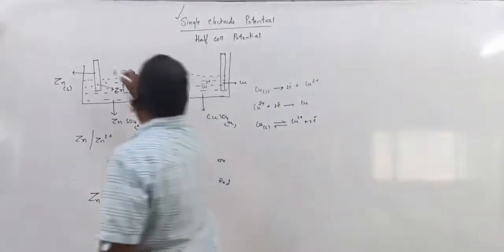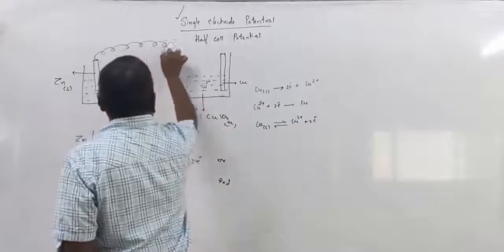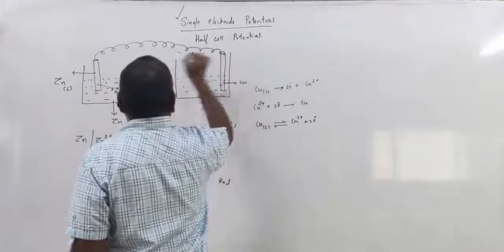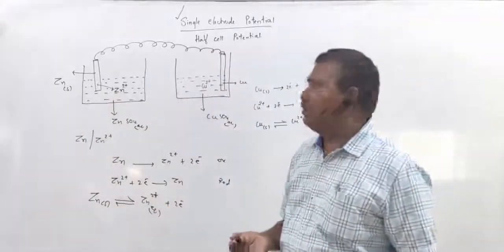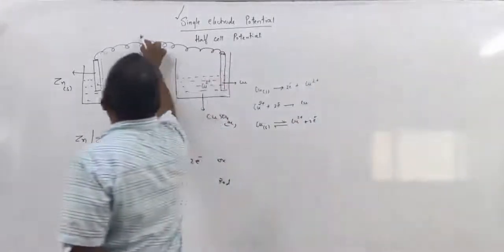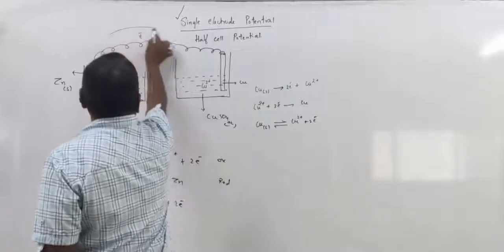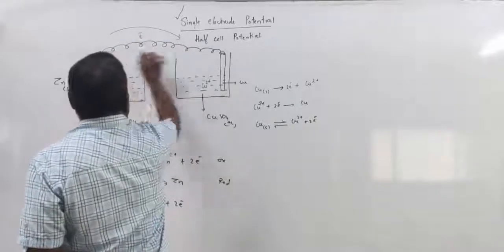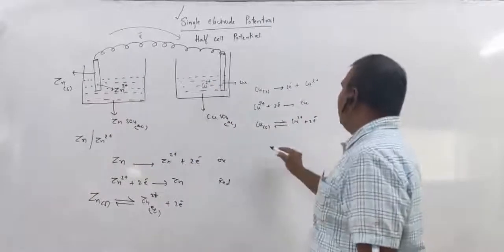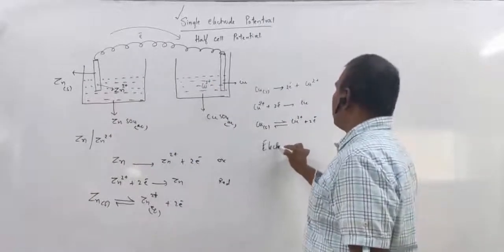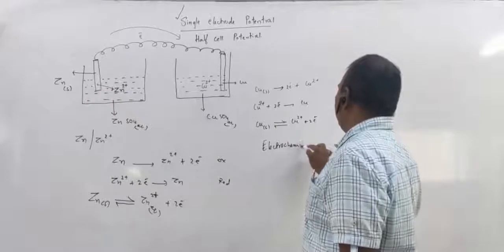Now, if we connect them externally by a copper wire, then electrons spontaneously move from the zinc rod to the copper rod, and this becomes an electrochemical cell.